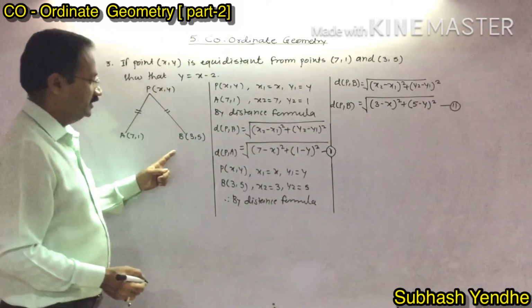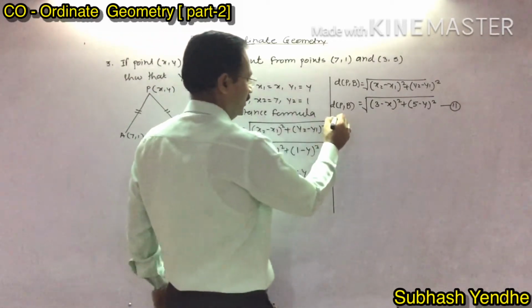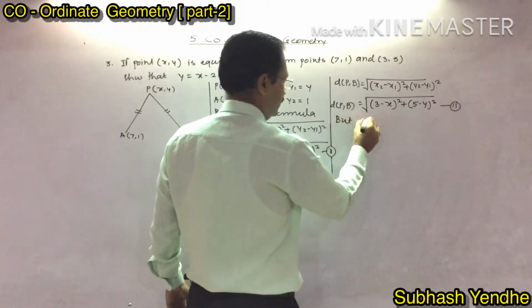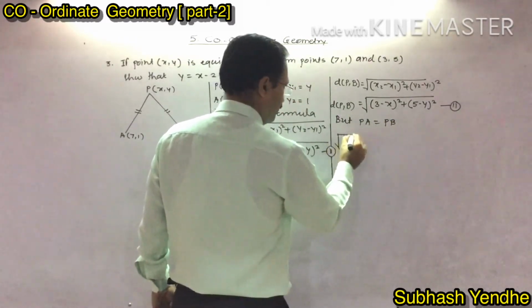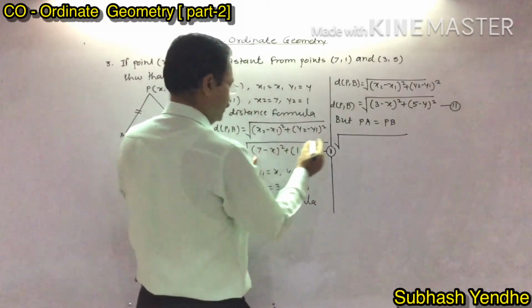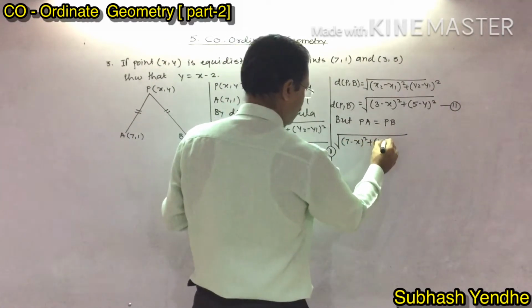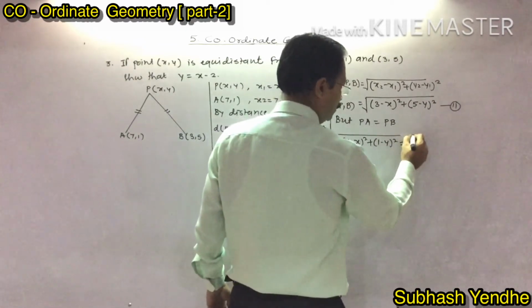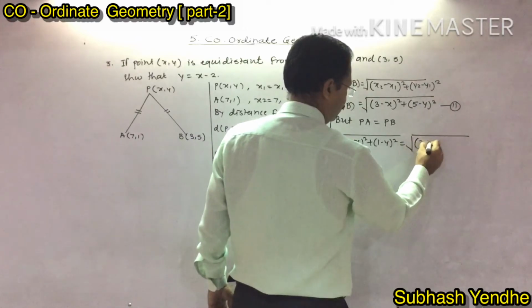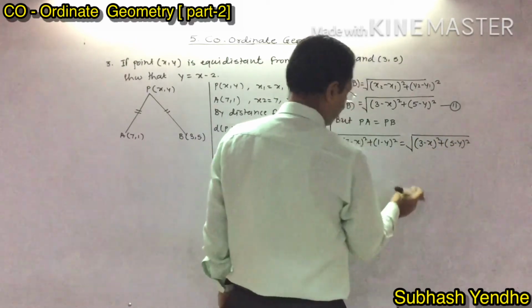But what they are saying is that PA equals PB. Therefore, the value of PA is under root 7 minus x bracket square plus 1 minus y bracket square equals under root 3 minus x bracket square plus 5 minus y bracket square.